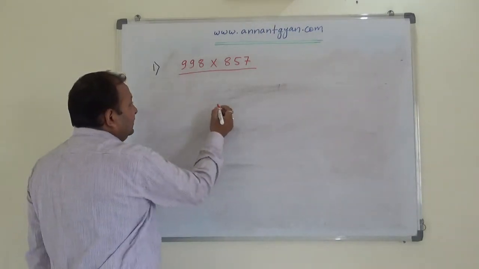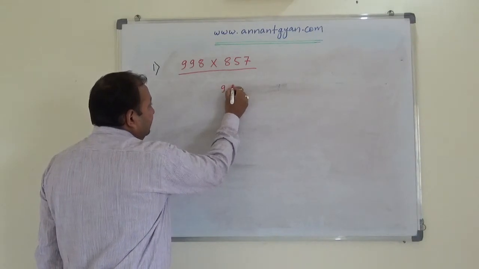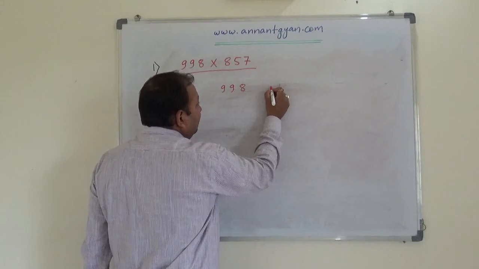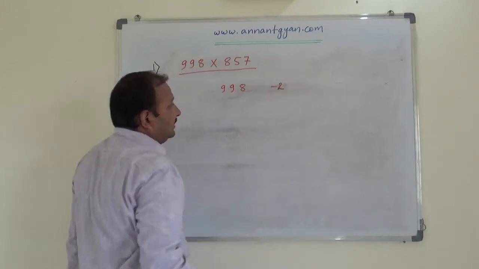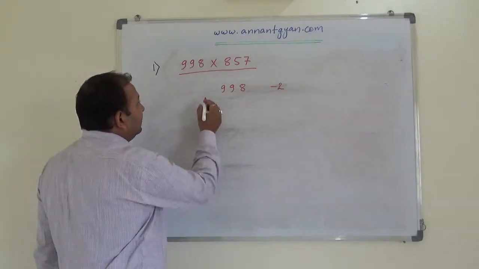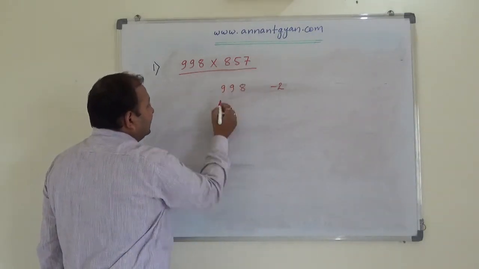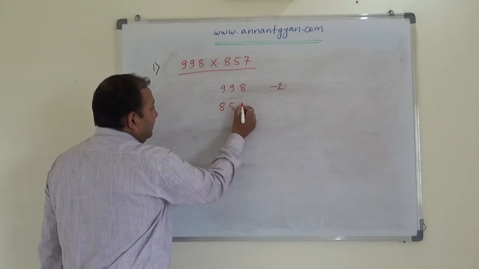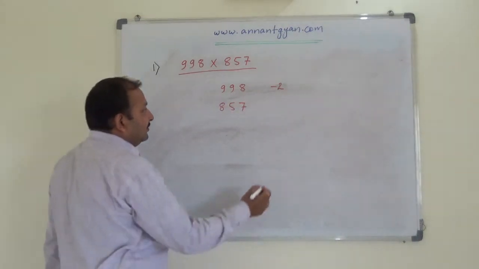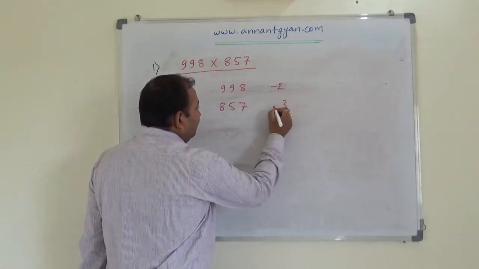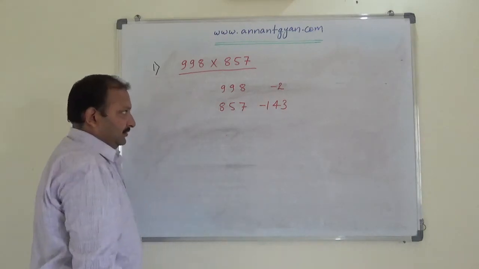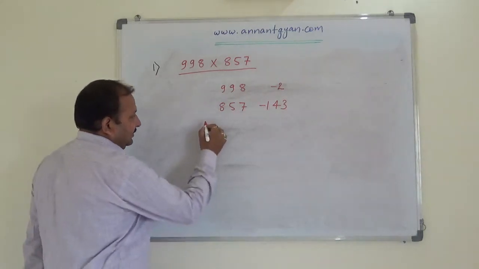We know very well this 998 is 2 less than 1000. So I shall write minus 2. And this 857 is 143 less than 1000. So I shall write this.